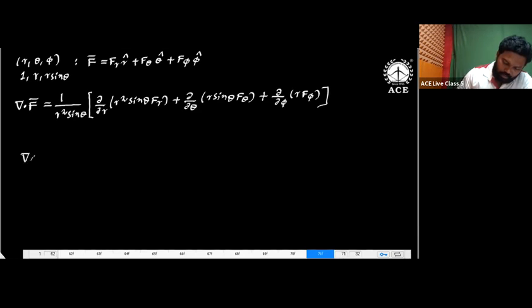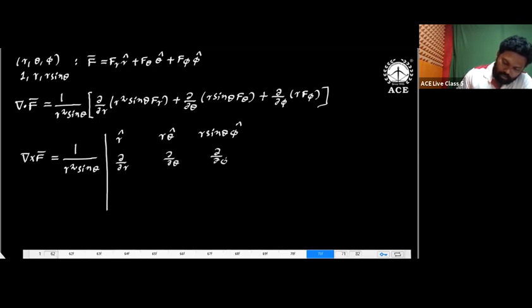What about the curl of f? 1 by r square sin theta times the determinant of r cap, r theta cap, r sin theta phi cap; dou by dou r, dou by dou theta, dou by dou phi; fr, r f theta, r sin theta f phi.